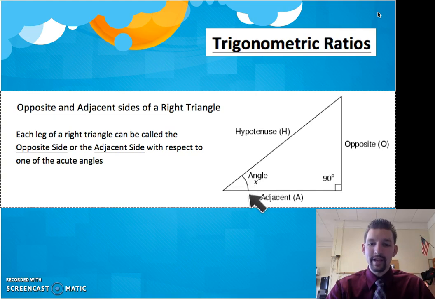The adjacent side is right next to the angle. It actually makes up the angle. So adjacent, down here, A, is right next to angle X. So opposite is across from, on the opposite side. Adjacent is right next to, making up the angle. And the hypotenuse, again, is always the longest side, across from the right angle.